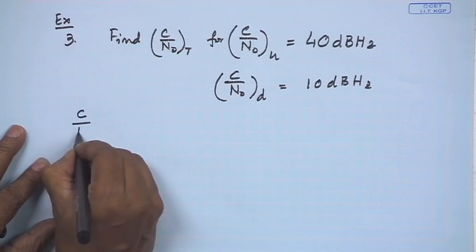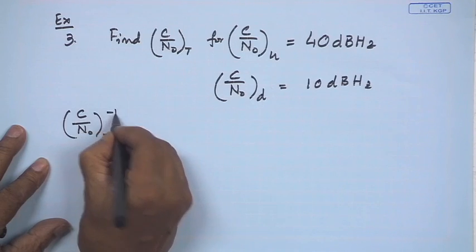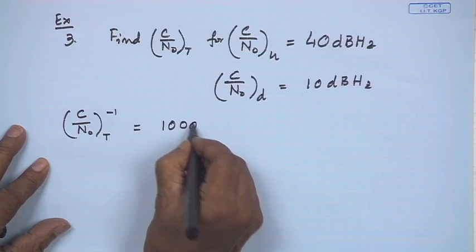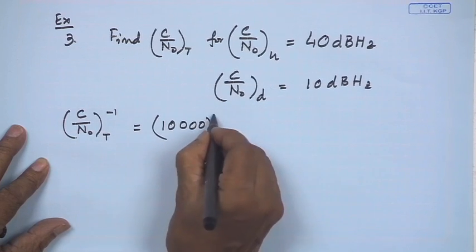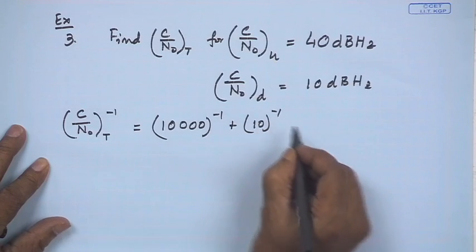So, C by N0 total inverse is now 40 dB is 10,000 inverse plus 10 inverse.